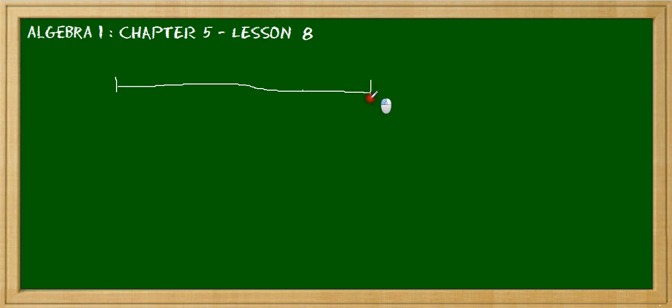Just picture that as being a straight line. So we have with the wind and against the wind, and let's call this one with. I believe they're going to want a couple of illustrations here, but this is with and this is against. And we know that the distance is equal, right?